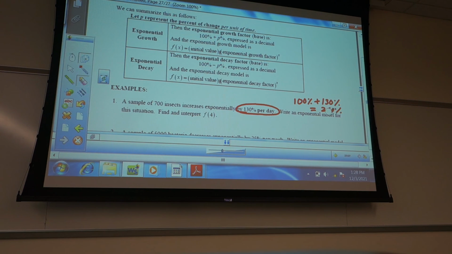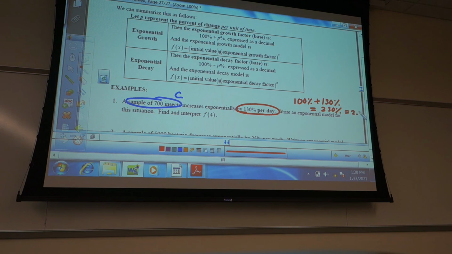It would be 230. My bad. My initial amount was 700. That's my C. So this is 2.3 in decimal. 230% is 2.3. So then I would have y equals 700 times 2.3 to the x.